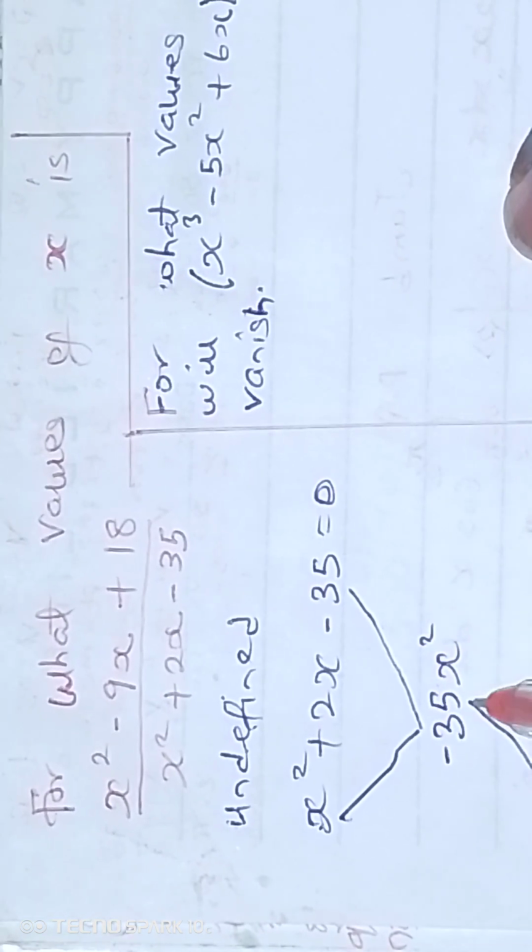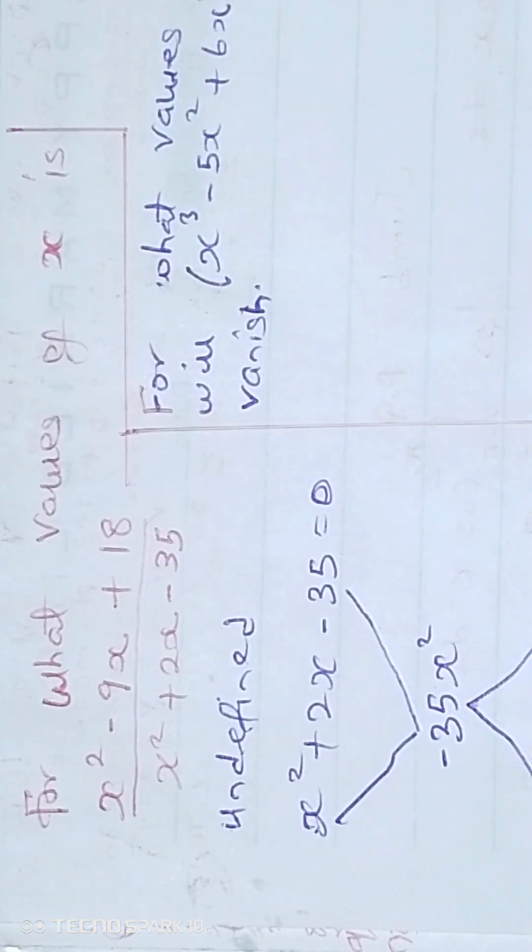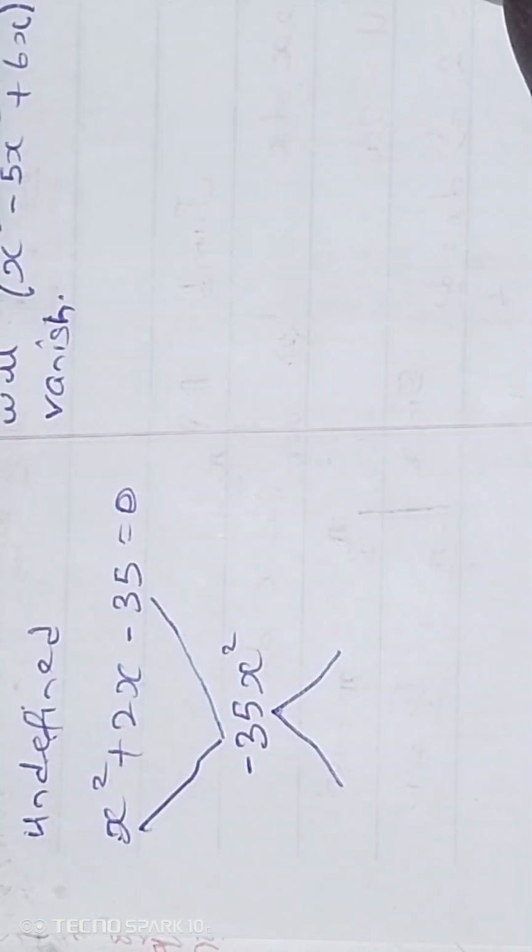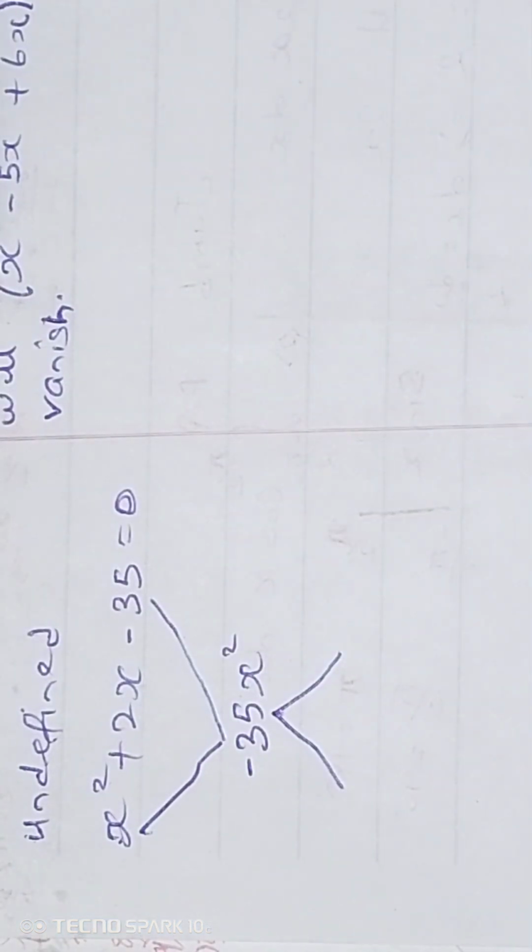So we have to think of two terms that when we multiply them together will give us minus 35x squared. Firstly, we start with the sign. There should be a negative sign and a positive sign, but we can't decide yet. So let's think of the numbers first.